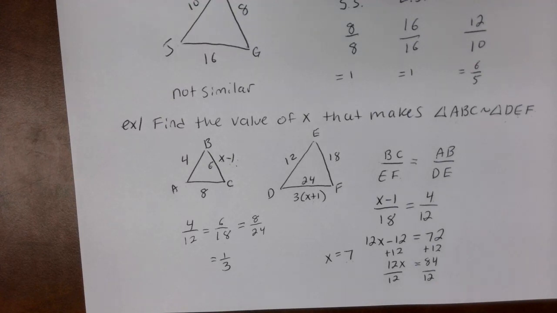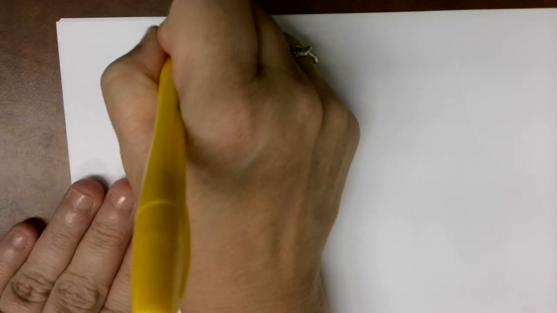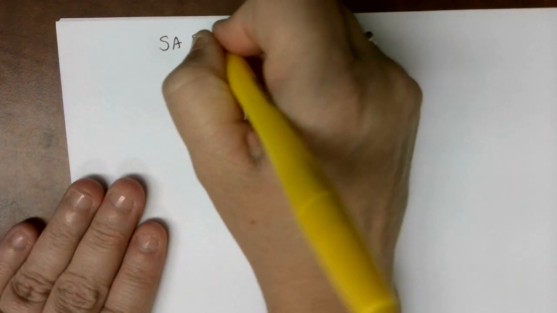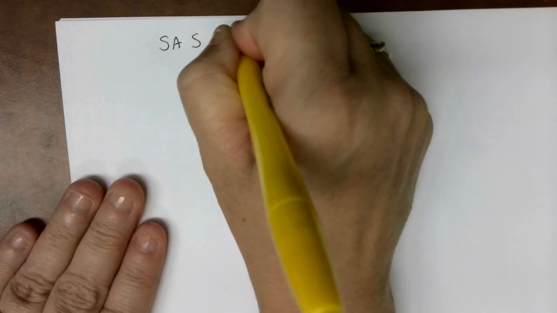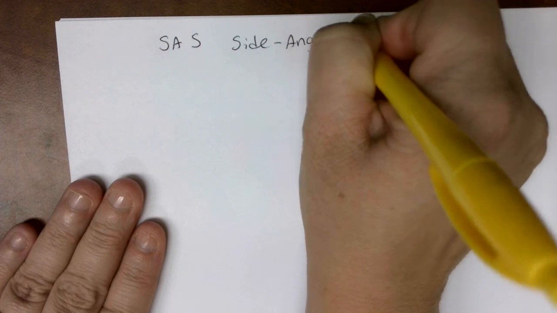Now we're going to go through and look at the other one, which is side, angle, side similarity. It's basically a side, angle, side.